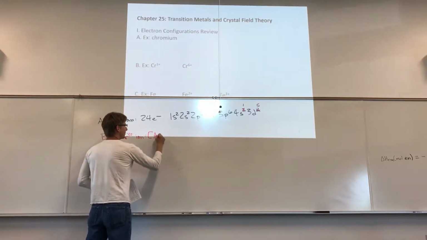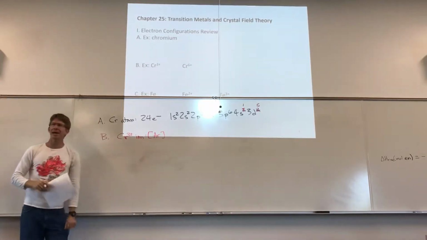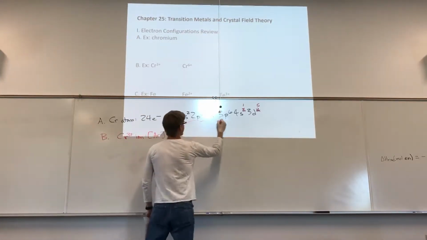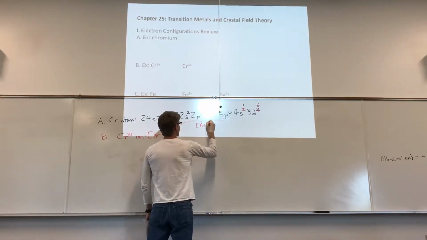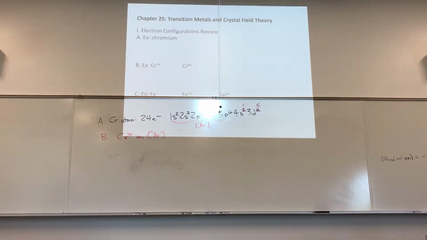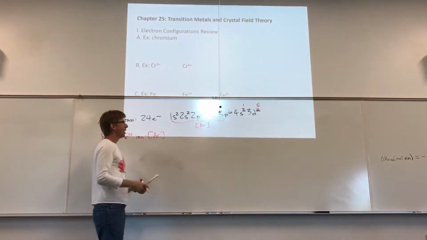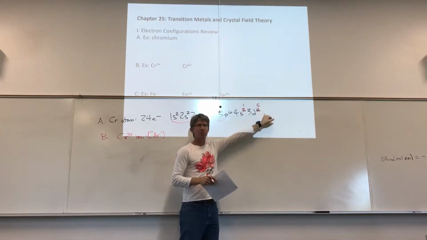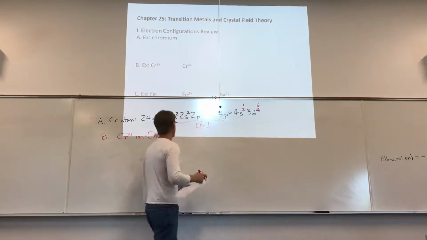And now we'll move to noble gas cores. Remember, a noble gas core is an abbreviation for the previous noble gas's electrons. That will be argon with 18 of those electrons. We took away 1 of these electrons in 4s1. We're going to take away 2 of these electrons and be left with 3d3.